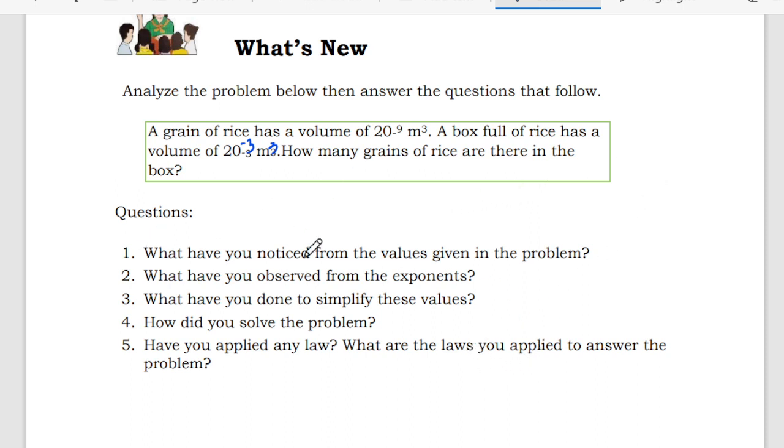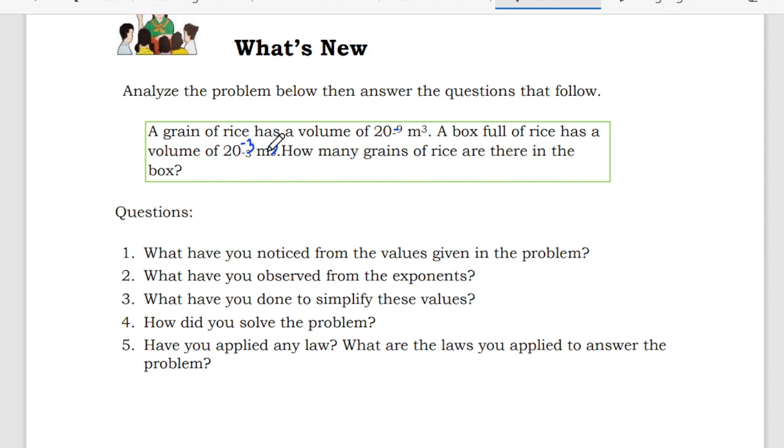How are you going to apply that? A grain of rice has a volume of 20 raised to negative 9, and a box full of rice has a volume also of this one.